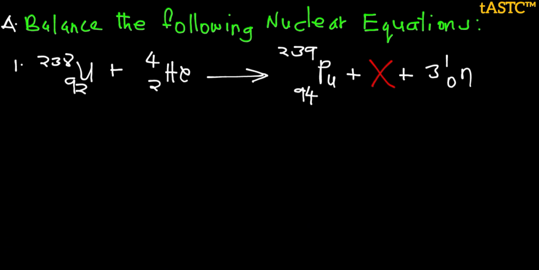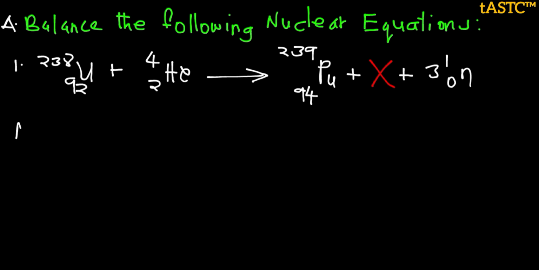Now, if you wanted to solve this nuclear equation and find out what the elemental symbol X is, you first need to add all the numbers you have on the left hand side and compare it with the addition of the numbers on the right hand side. Now, when you do that, you'll be able to find out how much mass number or atomic number is required to balance out everything.